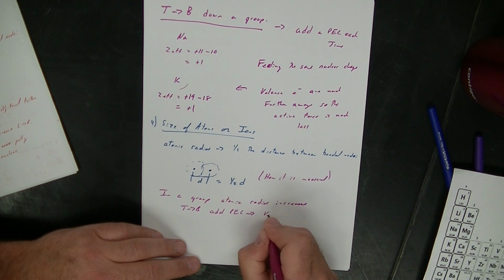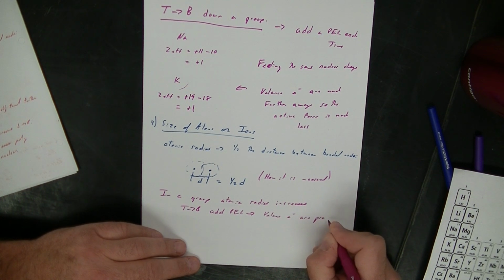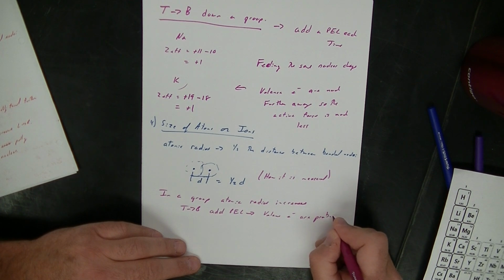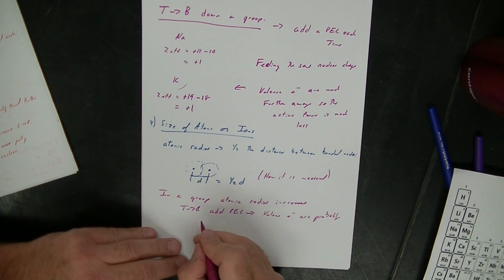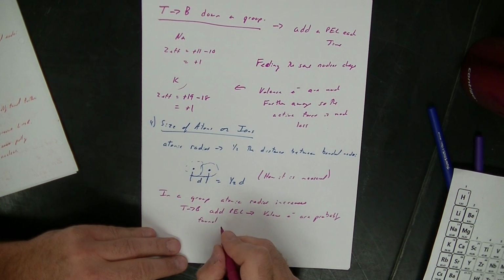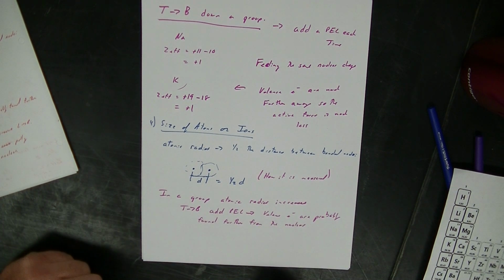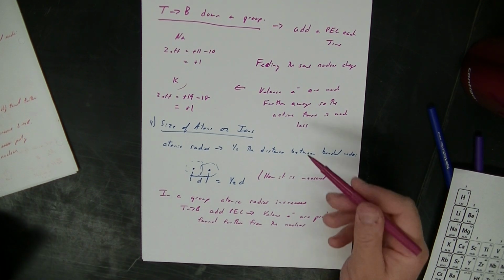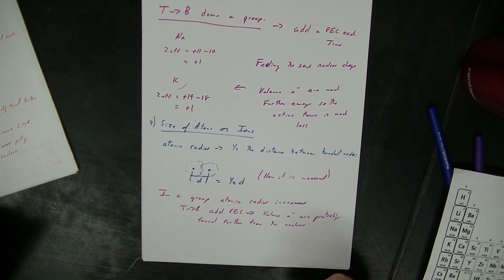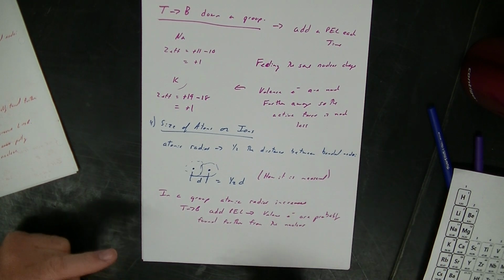So our valence electrons are probably, remember it's all probability, found further from the nucleus. So top to bottom, our atoms or ion size gets bigger because we're adding those principal energy levels.